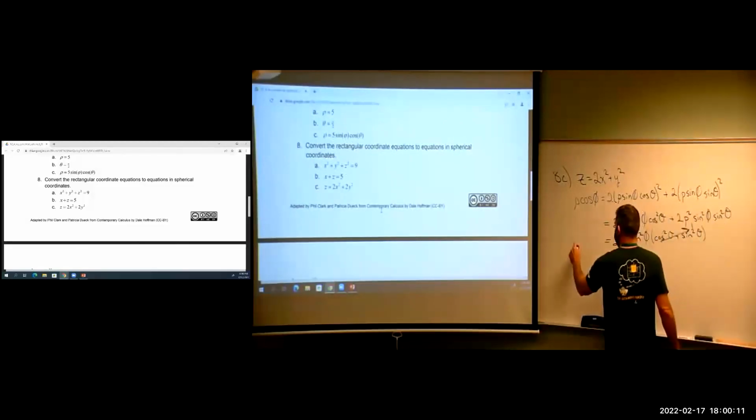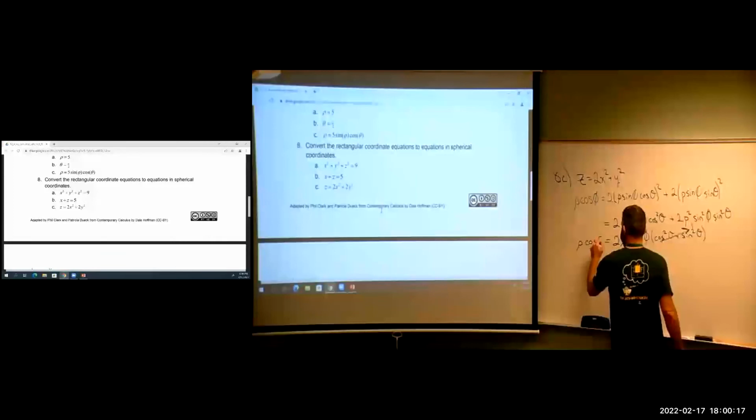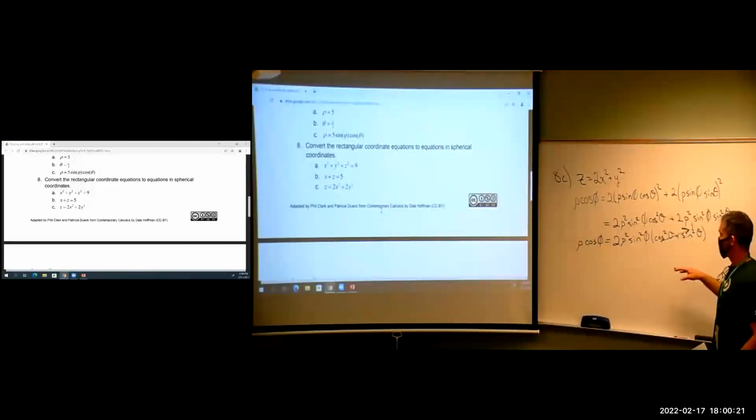Now this is equal to rho cosine of phi. So we're going to have some things cancel. And what we like to do is solve for rho. Just like in polar, whenever we can, we like to solve for r, or in rectangular, whenever we can, we like to solve for z.